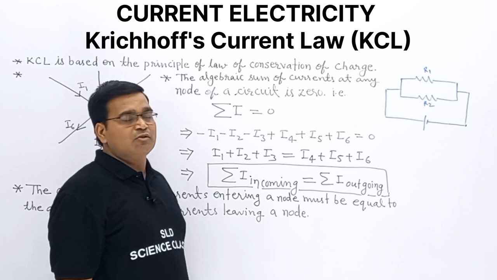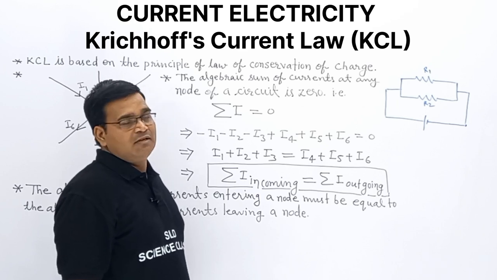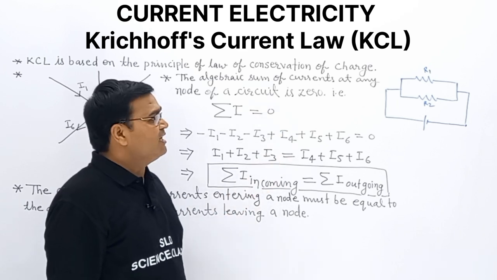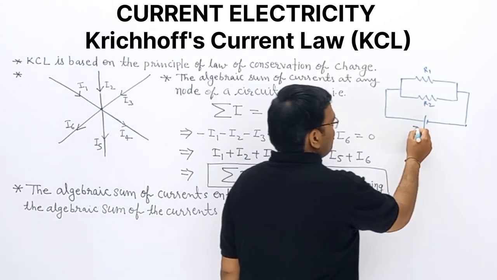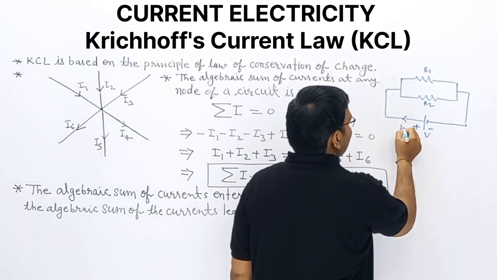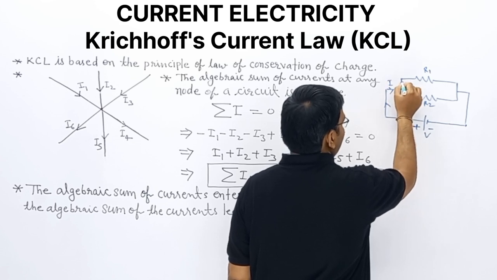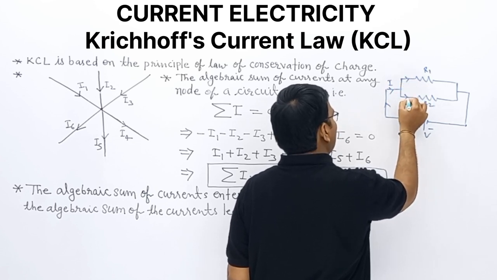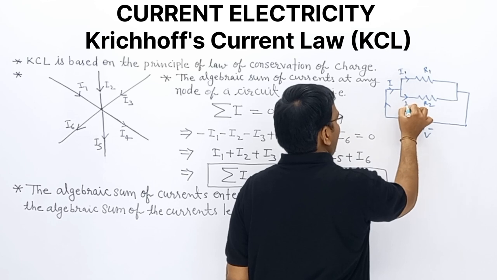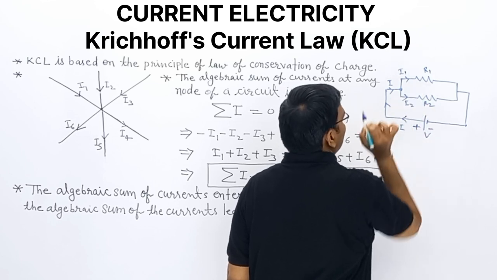Now this is the source, plus minus V, and current I is flowing in this circuit, and that current is dividing into two parts, I1 and I2.